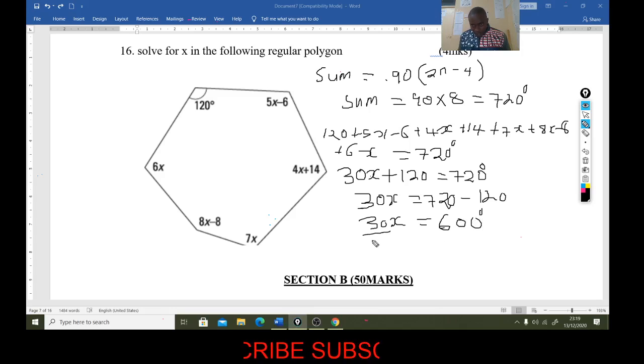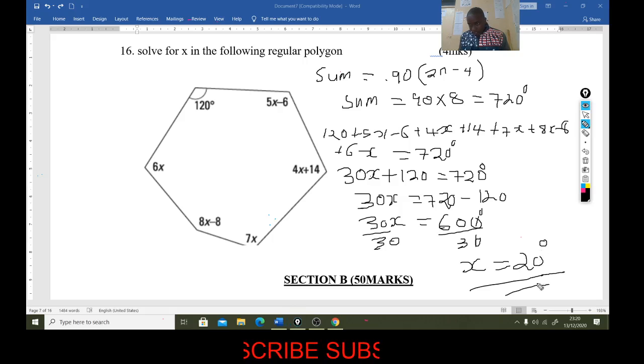If I divide by 30 on both sides, you cancel, and 600 divided by 30 is 20. It means x equals 20 degrees. So that is how you find the value of x.